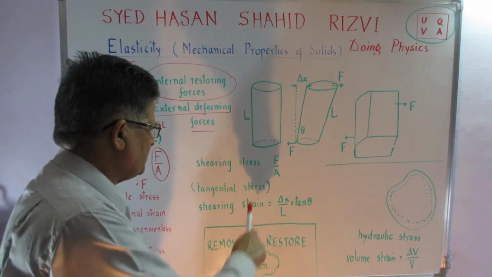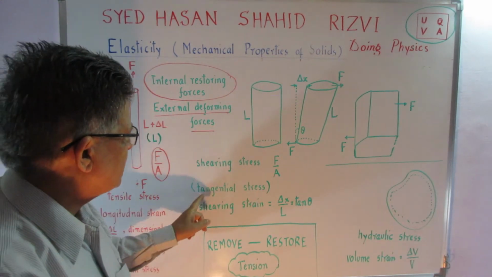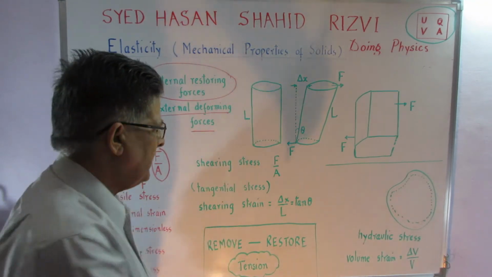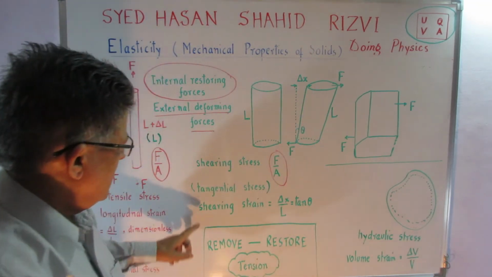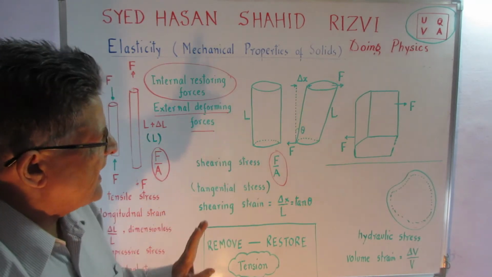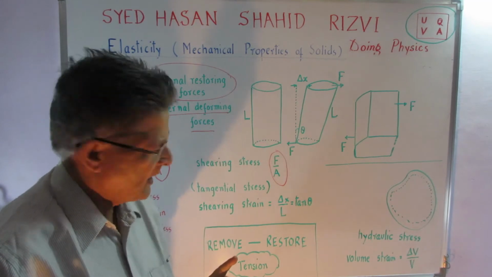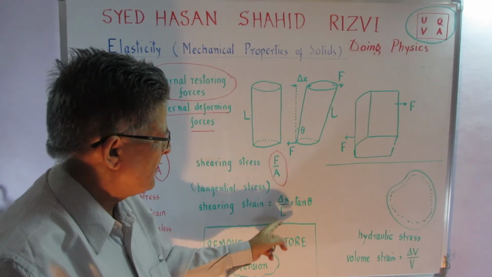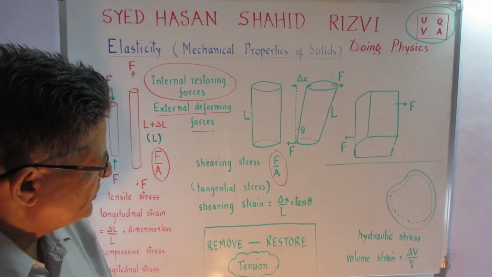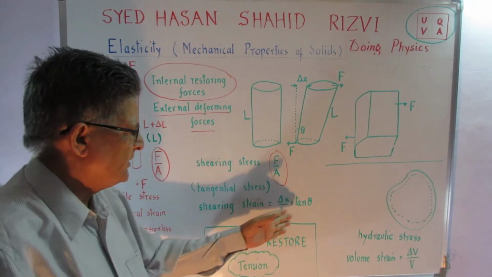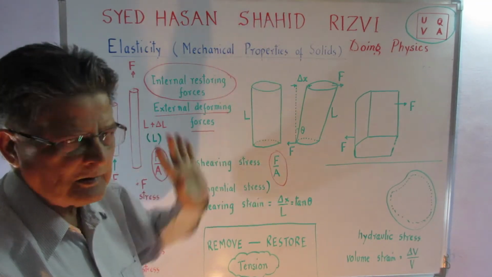We call this shearing stress also tangential stress, which is again F upon A like before, and the shearing strain is this delta x divided by L. Naturally the two of them have the same dimensions, so length divided by length gives us a number, and this number turns out to be equal to tan theta.